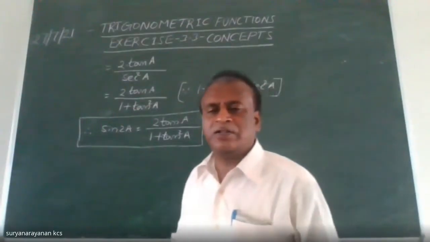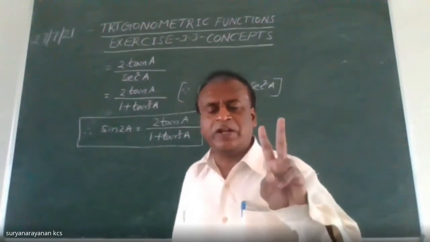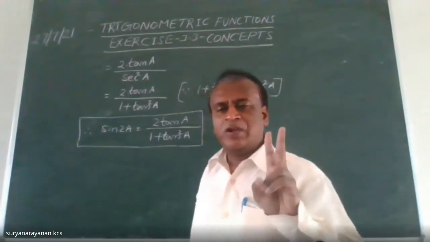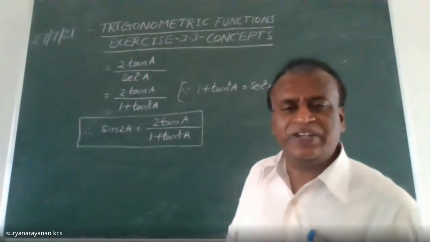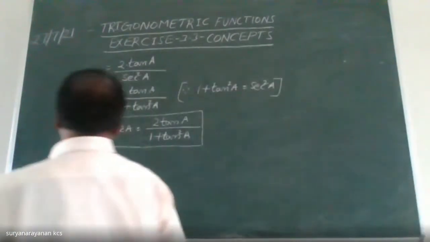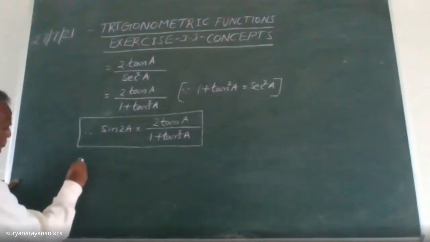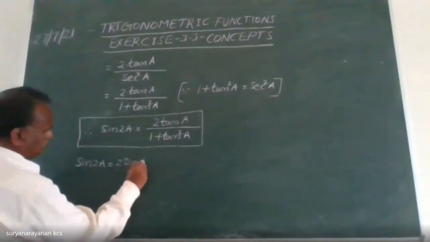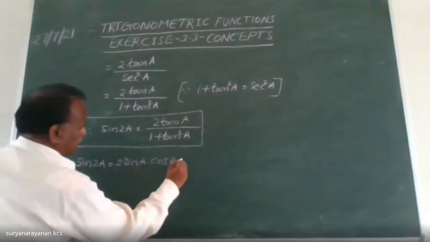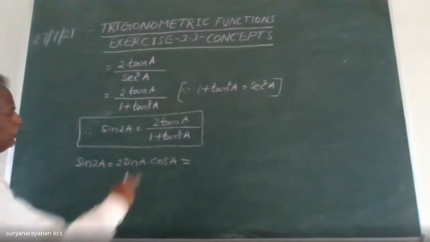So remember, there are two formulae for sin 2a. First one is sin 2a is equal to 2 sin a cos a. The other is sin 2a equal to 2 tan a by 1 plus tan square a.